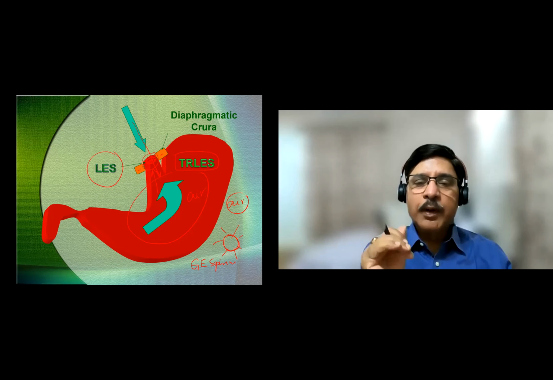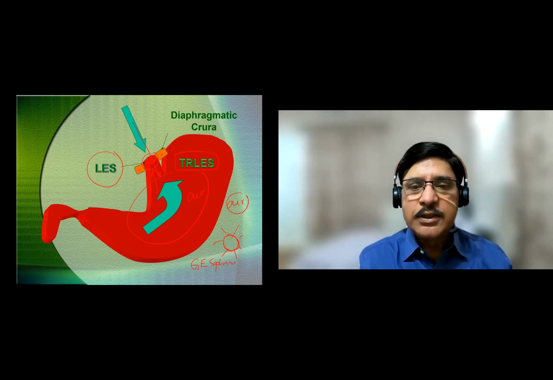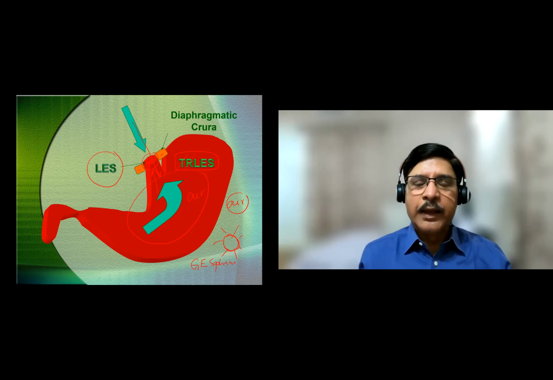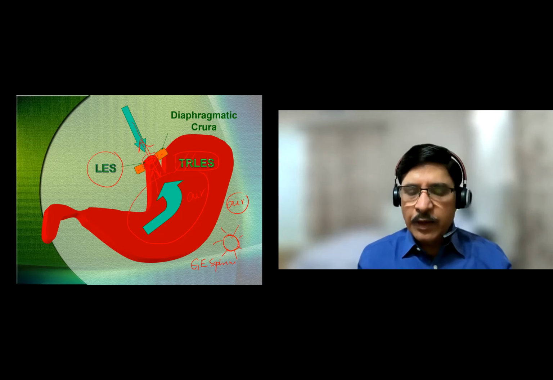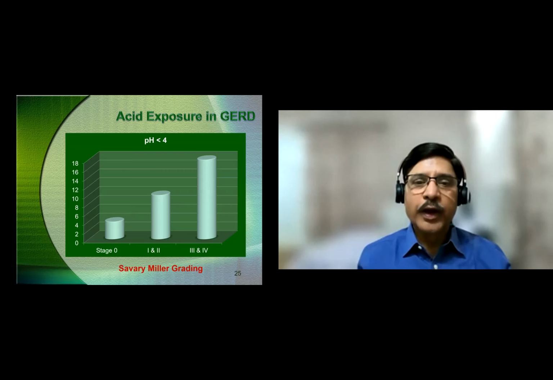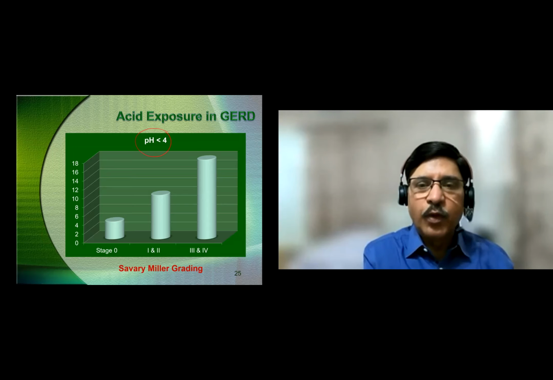Okay, but what happens in GERD? This transient relaxation is replaced by persistent relaxation of the lower esophageal sphincter, so much so that gastric contents and acid reflux into the esophagus. Now, 7 is the neutral pH, and less than 4 is a very acidic pH.